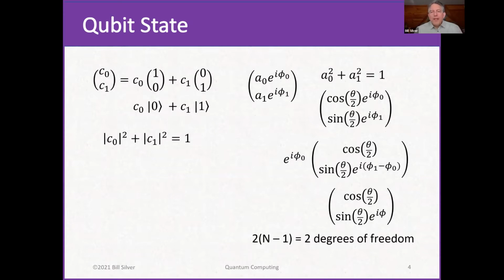And there's also a phase difference between the 0 and 1 state determined by the angle phi that you can see there. So if we remember how we derived that by imposing the two constraints, that it's a unit vector and that we can ignore global phase.